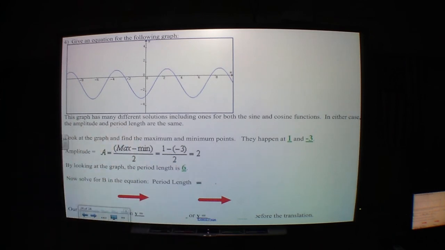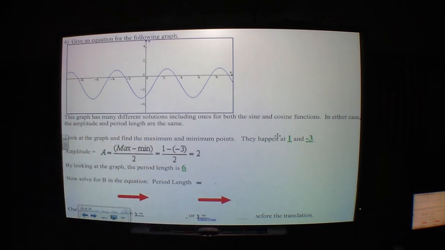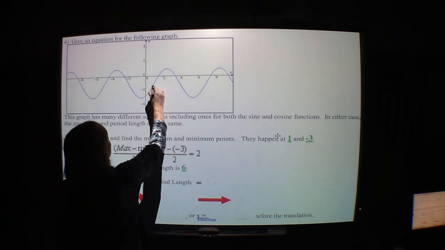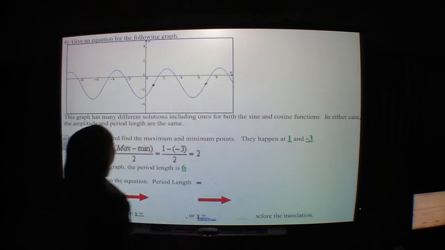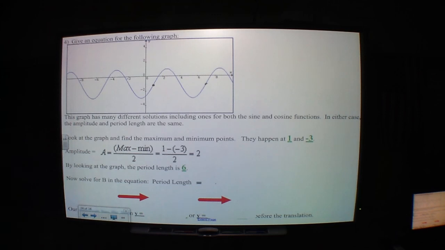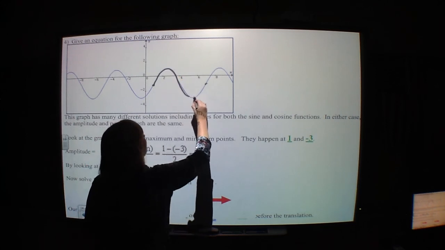And then when you look at the graph, try to figure out where this graph repeats itself. You can pick a maximum point, you can pick a minimum point, you could pick halfway between 2 points if you want. It doesn't really matter. Whatever you think is the best way to look at it. Okay? And if I do halfway to halfway, there's 1 period right there.